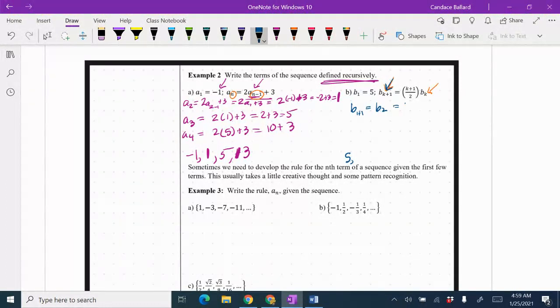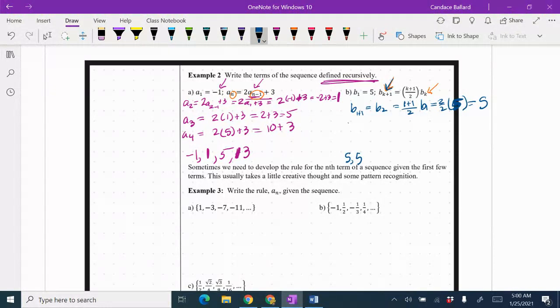when I substitute in. Our previous, remember, was the 5. 1 plus 1 over 2 times b sub 1, which would be 2 over 2 times b sub 1, which is 5. So that just means that I'd have 1 times 5, or 5, would be my second term in the list.